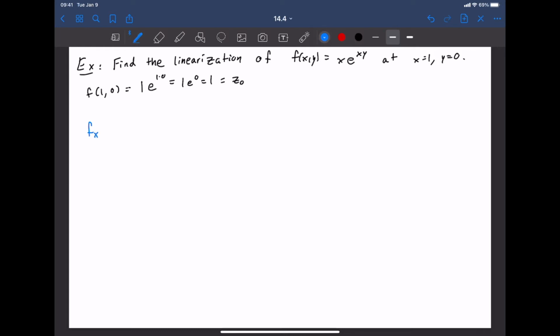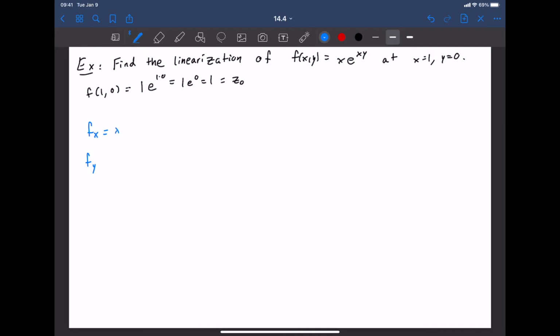Right now, you should pause the video and try to find the partial derivative with respect to x and the partial derivative with respect to y. 3, 2, 1. With respect to x, we have to use the product rule because I have two functions with x multiplied.